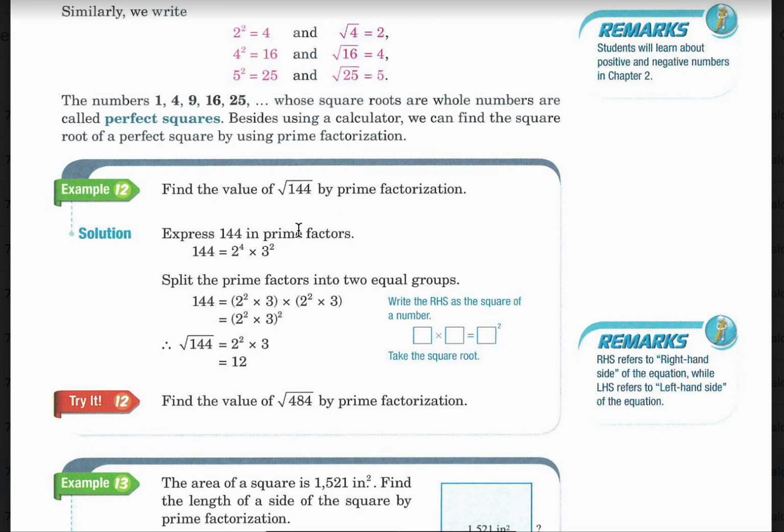Now this problem is asking us to use prime factorization though. So what we could do to figure out that answer is we can draw ourselves a factor tree. Now I know I can cut that in half if I'm unsure how to start. So half of 144 is 72.